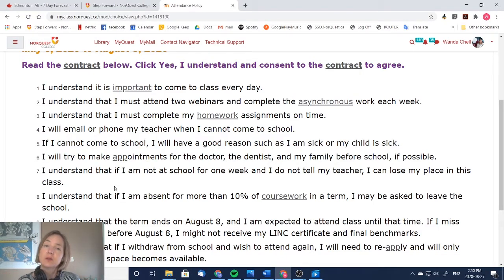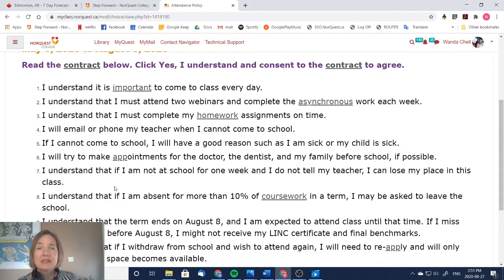You understand that if you don't do your homework, we mark you as absent. You understand that you will need to contact myself or the LINC IAs if you can't come to class. If you're going to miss class, it's for a very good reason.